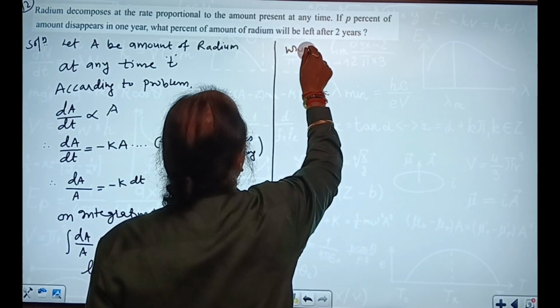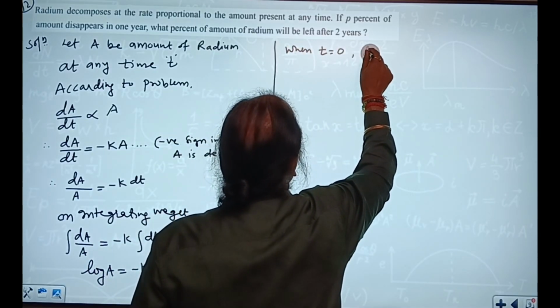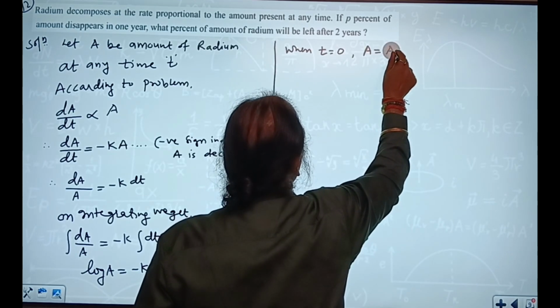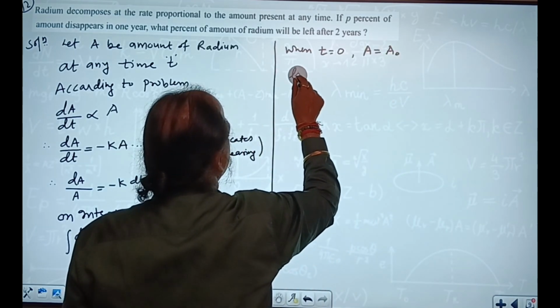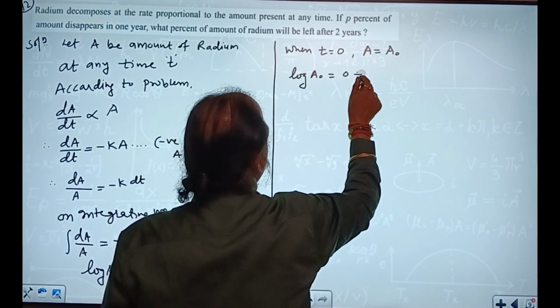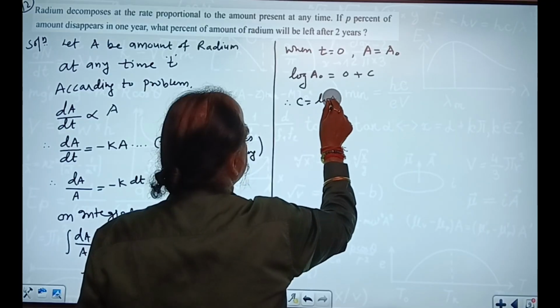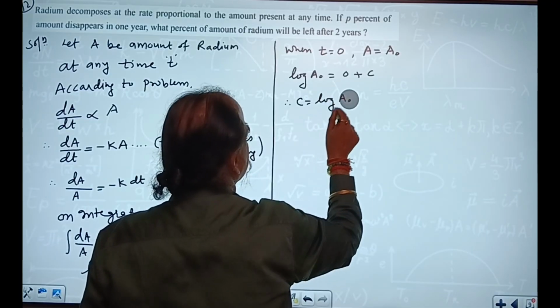When t is 0, A we will take as A0. Log A0 is 0 plus c. C is log A0.